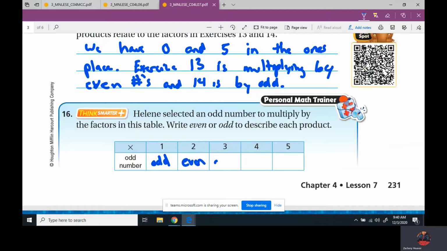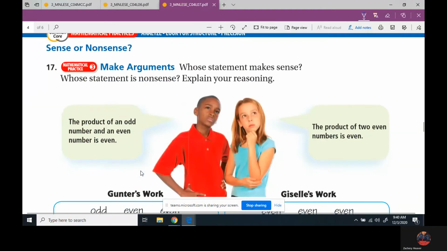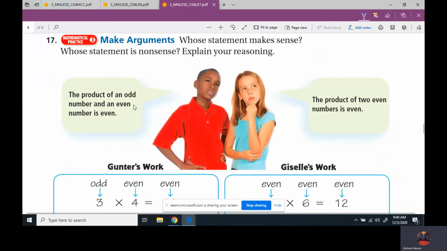Odd times odd makes odd. Odd times even makes even. Odd times odd makes odd. Whose statement makes sense? So the product, which is the answer, of an odd number and an even number is even.